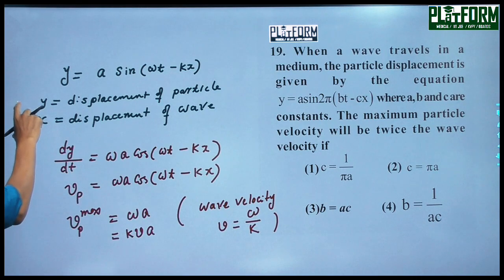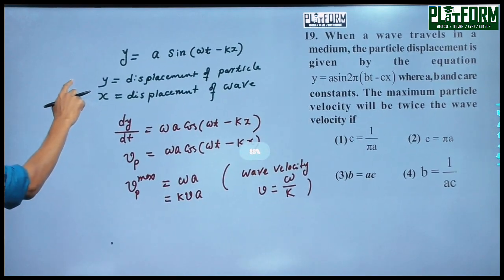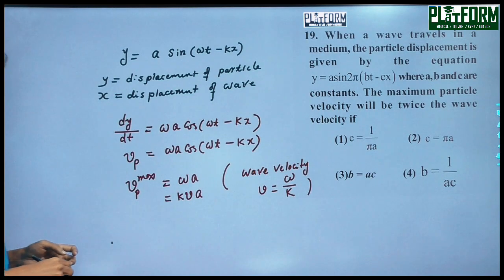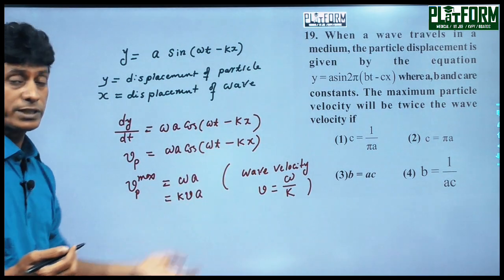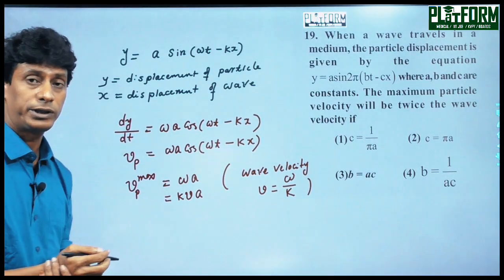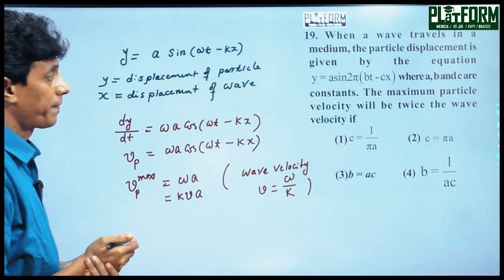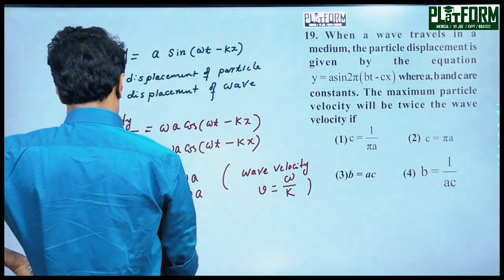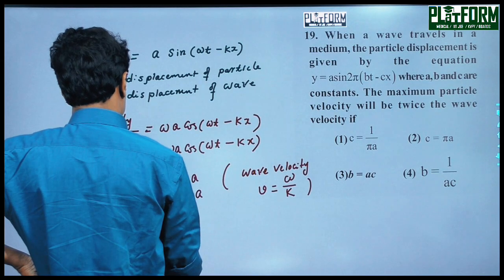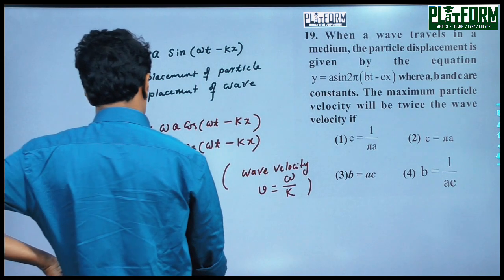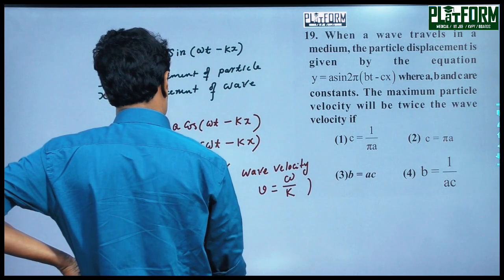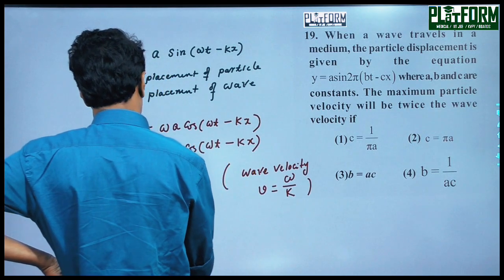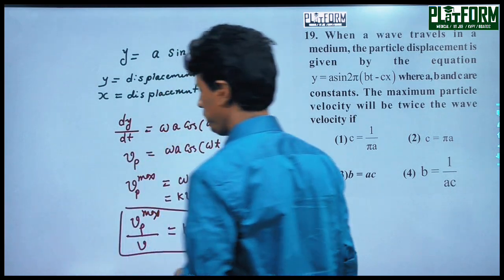And very important, it is an advanced, effective formula, particularly in the examination hall for this type of question. It was already asked in previous years' questions also. So maximum particle velocity by wave velocity is equal to k into a. It is a very important formula.